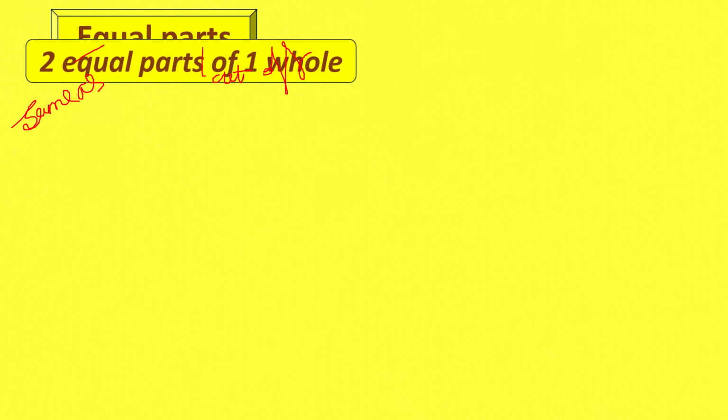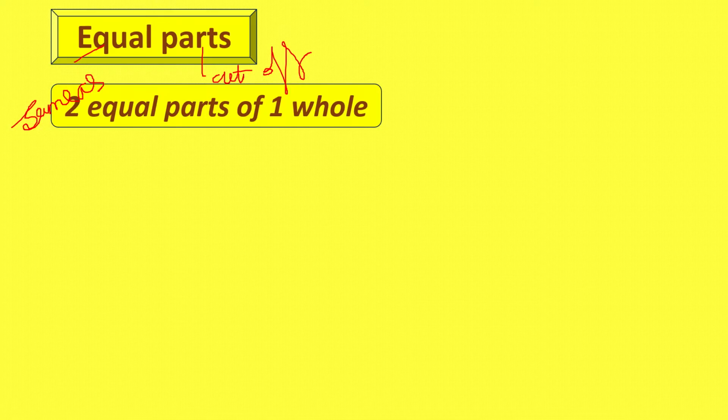I'm cleaning it the same as the cut off, because that makes it easier to understand. So look here. It's about two equal parts of a whole. We are talking about equal parts.